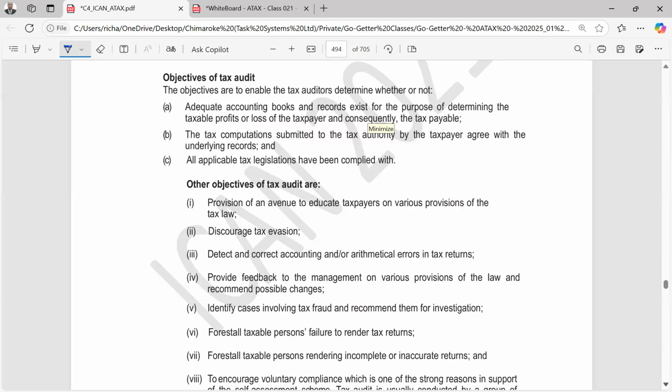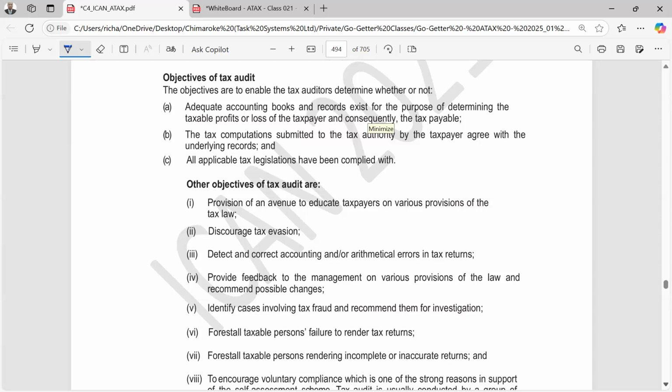Sometimes it may seem alike, but do you know that one is bigger than the other? That is what they call either overcast or undercast error. So they want to check if there is a mathematical error in the tax returns, and especially if that error is significant. We'll call it material.